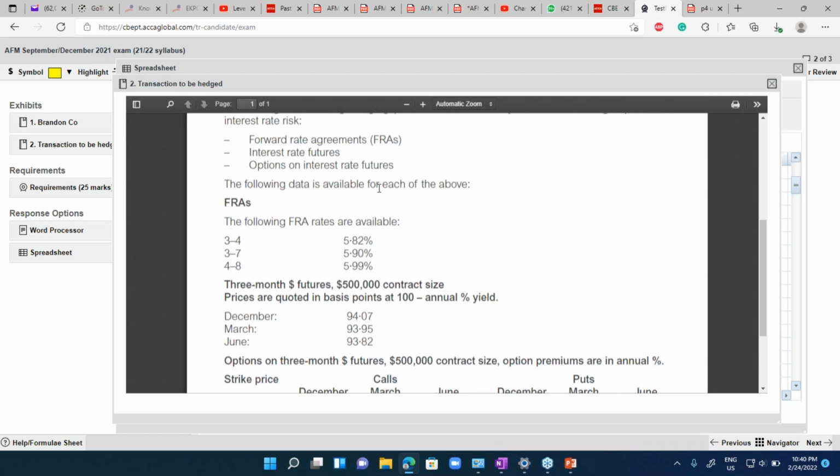If there are 2 exercise prices, preferably solve with 2 exercise prices, because examiner always solves with 2 exercise prices if 2 are given. So guys, you will select this FRA, 5.9%.